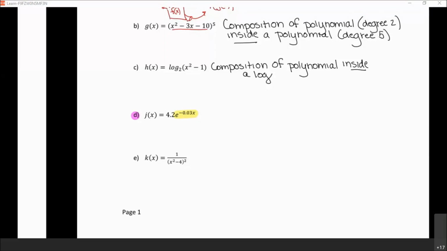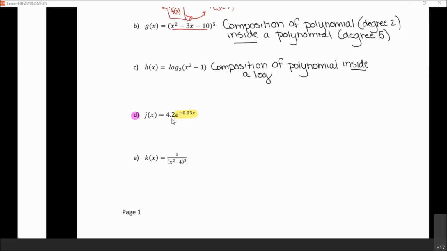Oh boy, what's happening up here in the exponent? There's some number multiplying x, right? Okay. And what's this 4.2 out in front?